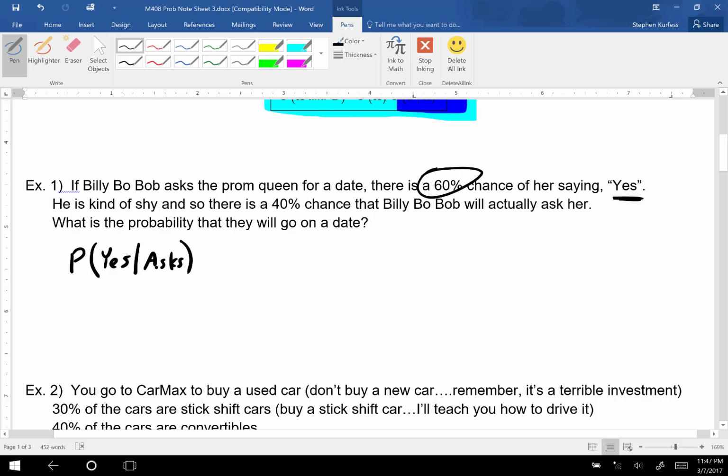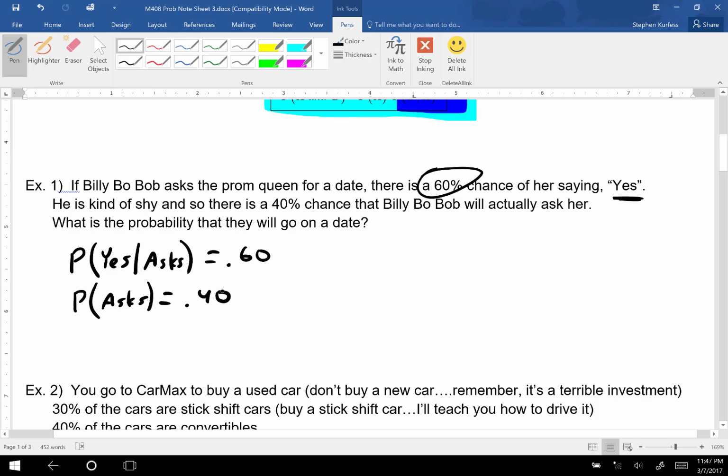He's got to ask her first. If he doesn't ask her, she's not going to say yes. So the probability that she's going to say yes given that he does ask her is 0.60. The probability that he actually asks her, he's shy, but it's a 40% chance, is 0.40.